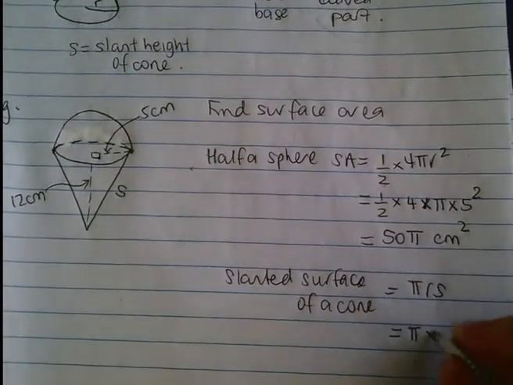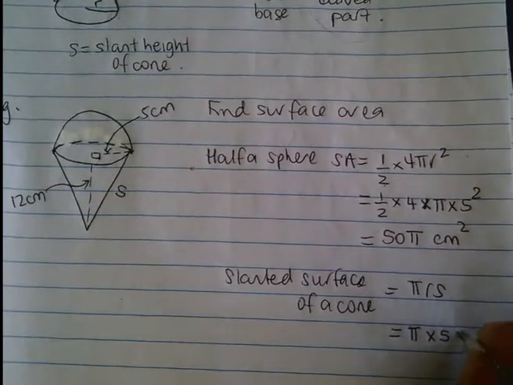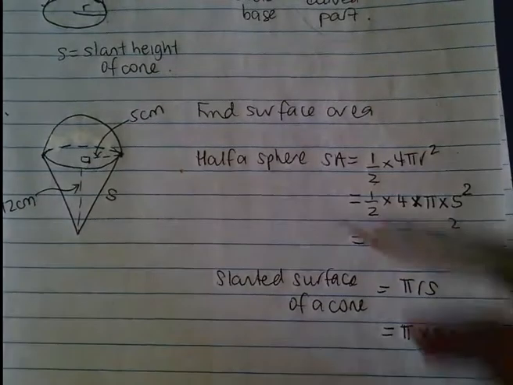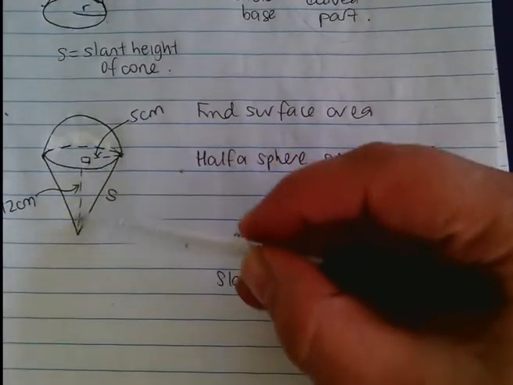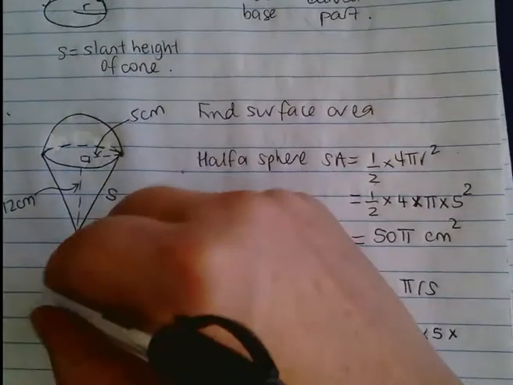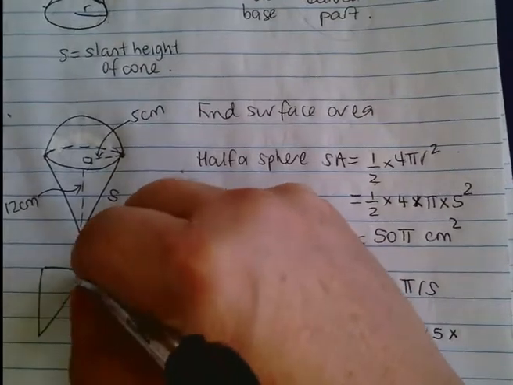So it's pi times 5 times, and I don't know what the slant height is. I know the perpendicular height. That's the one you need to know for volume. But I don't have the slant height of the cone. Are you okay, girls, or not? So, we use Pythagoras' theorem.